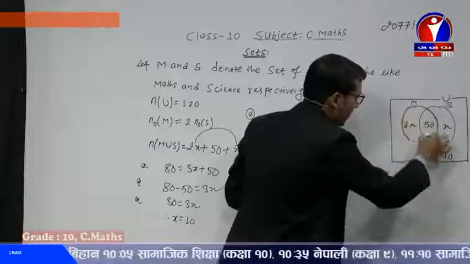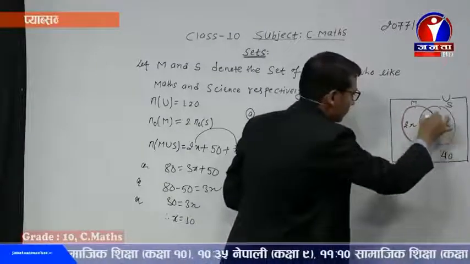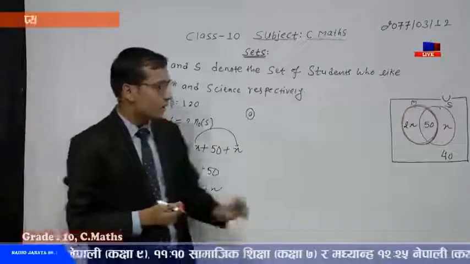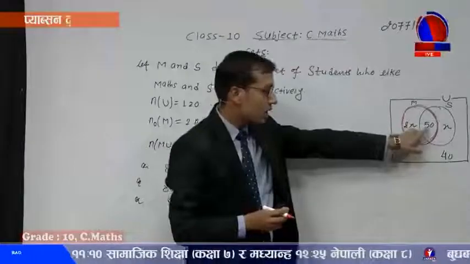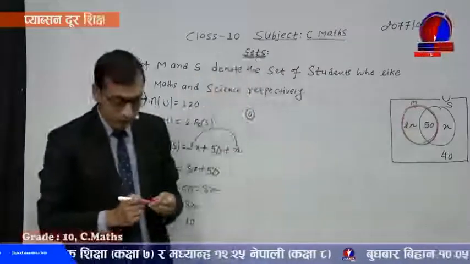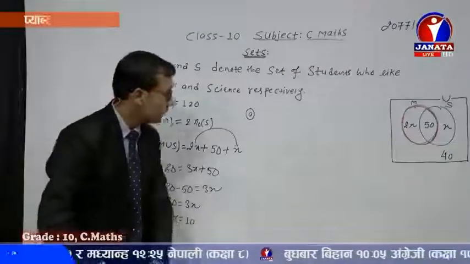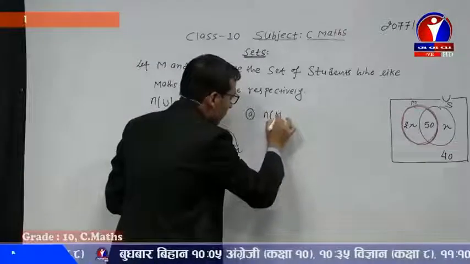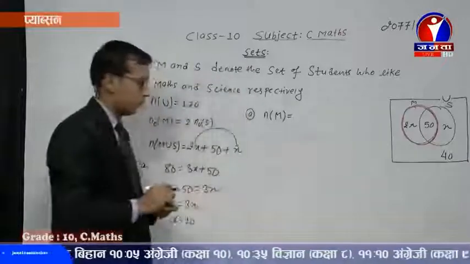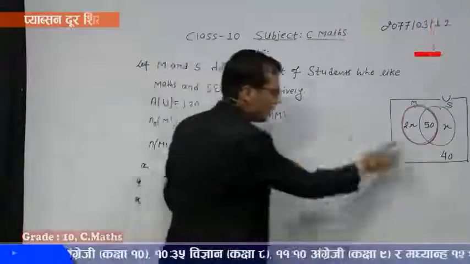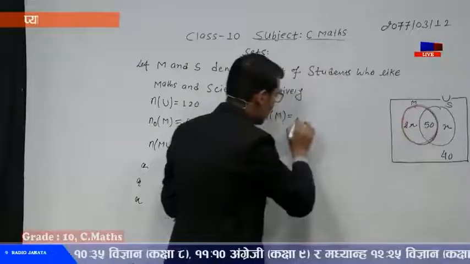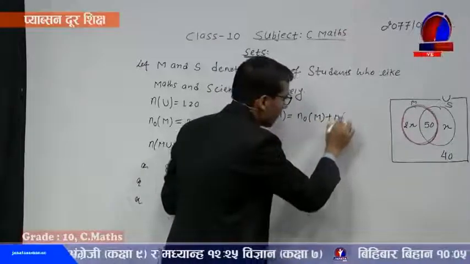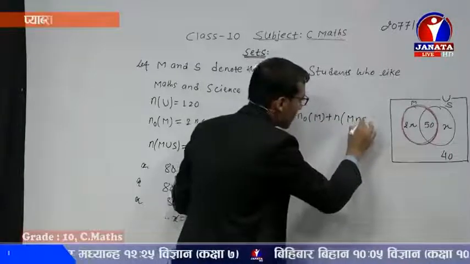This is the set for math. So in total, how many students liked math? Twice of x plus 50. So n of M, the number of students who like mathematics, is n only M plus intersection.